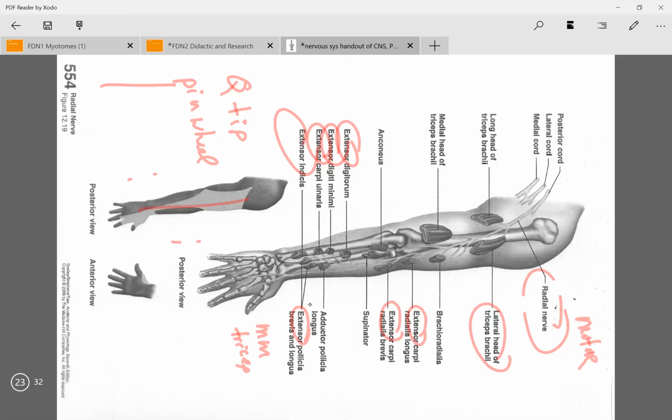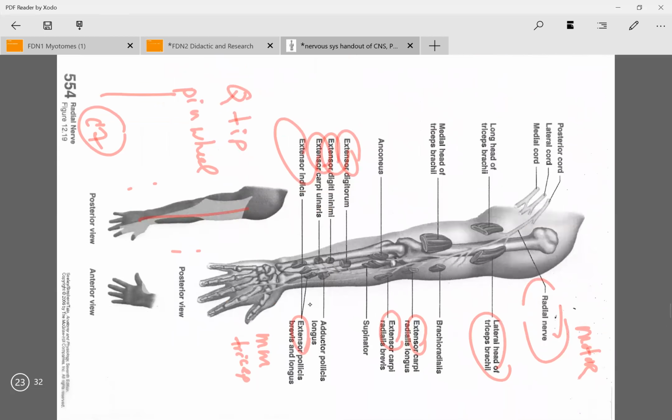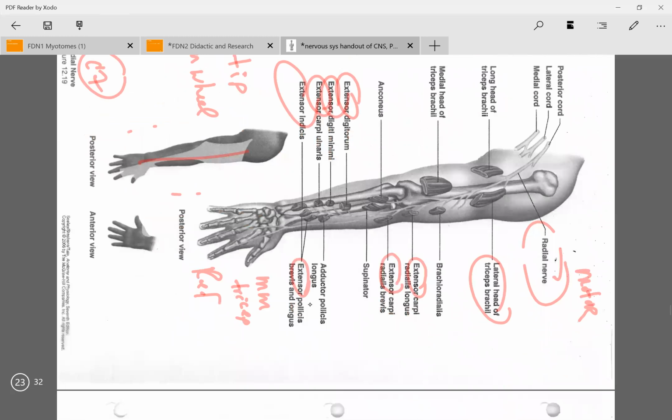All right, so this would be C7 nerve root. So radial nerve is C7 nerve root. And this one also has a special test of the reflex. You can take your reflex hammer and strike the tricep tendon, which is right there at the elbow, almost where your funny bone is.